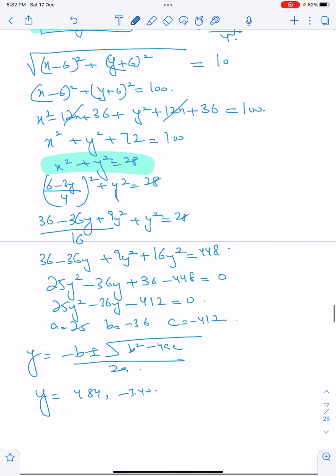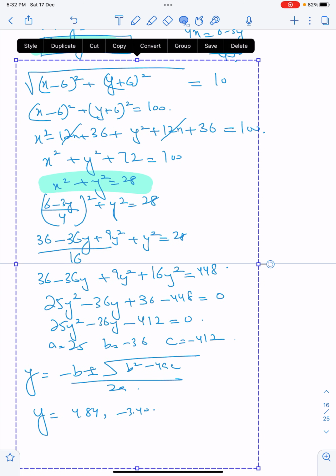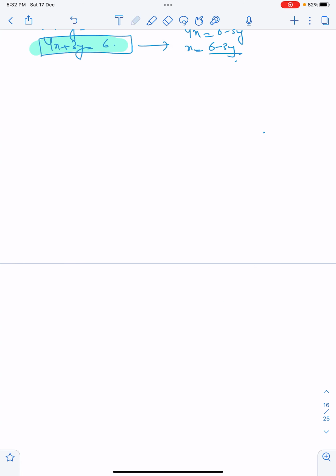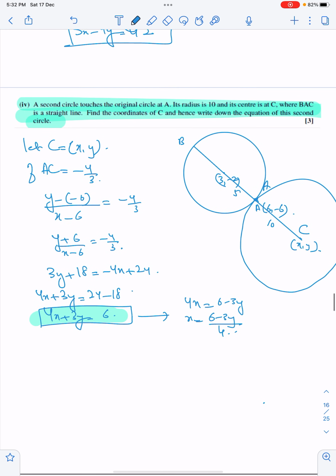Instead of using the distance formula, if I go with another method, I had used the gradient formula on AC. If I use, instead of A and C, 3 comma negative 2 and x comma y to get the gradient, the gradient is the same.